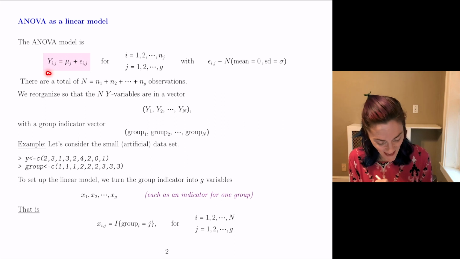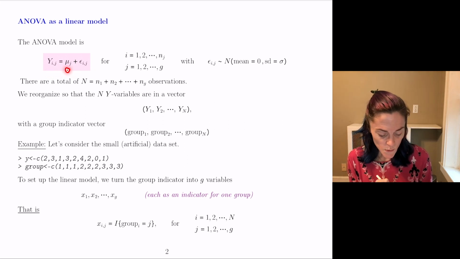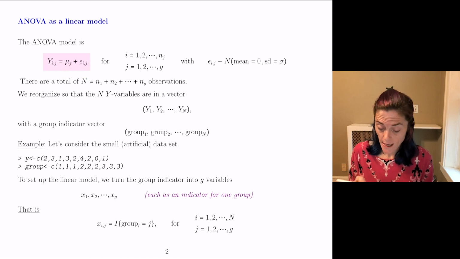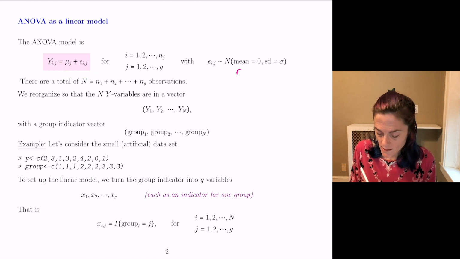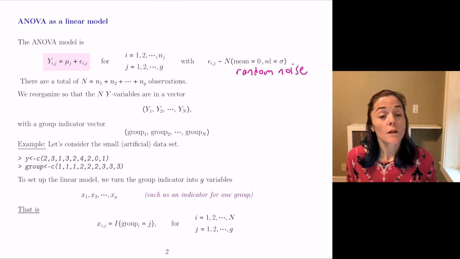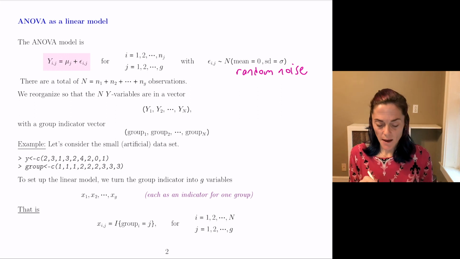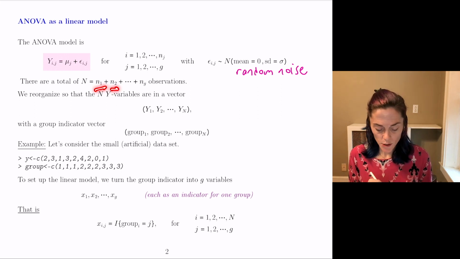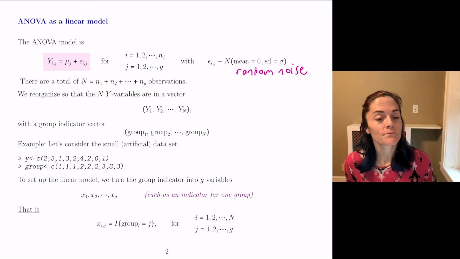All right, so then we had this Y_ij. This was the mean of group j plus this epsilon_ij. Once again, this was our random noise. We had a total of capital N, which is the sum, N1 plus N2 through N sub G.